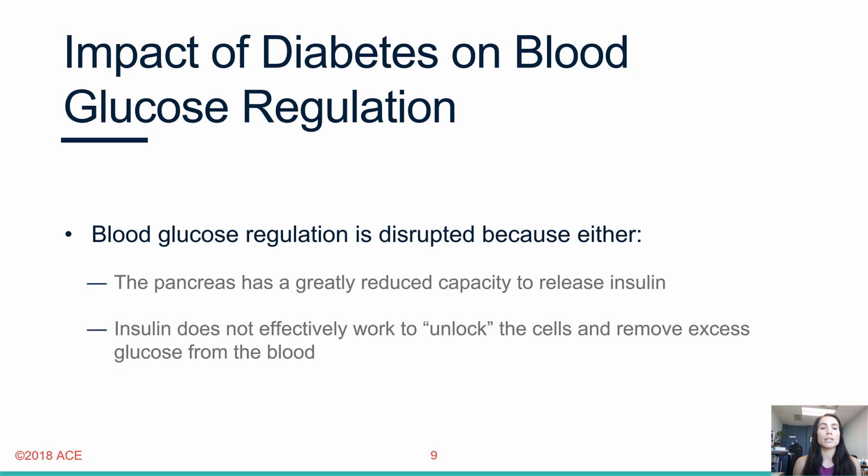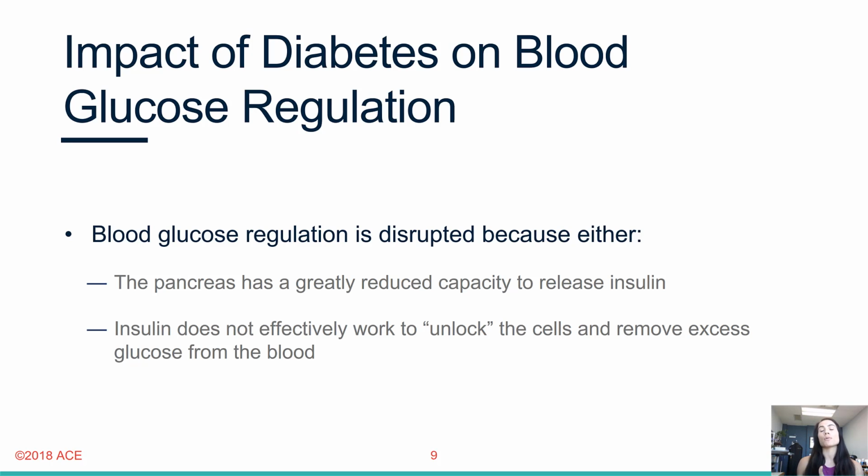So for the impacts of diabetes on blood glucose regulation, two things happen. The pancreas is no longer able to release the proper amount of insulin, so it has a reduced capacity to release insulin, or insulin does not effectively work to unlock the cells and remove excess glucose from the blood. That's what we think of and term as insulin resistance.